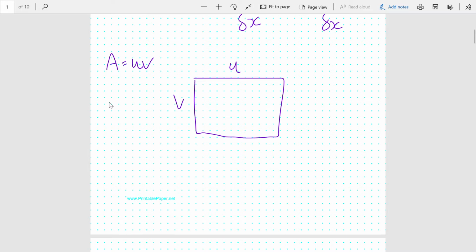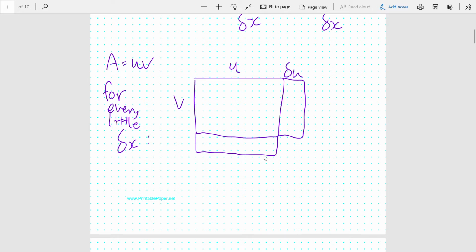And the way we look at this is that for every little change in x, so for every little dx, the rectangle increases in area as u experiences an extremely small change as well. So there's a bit added on this side, which is du, and there's a bit added on this side, which is dv.